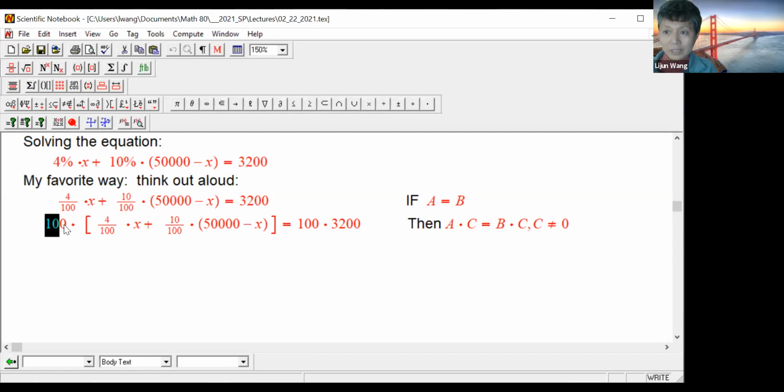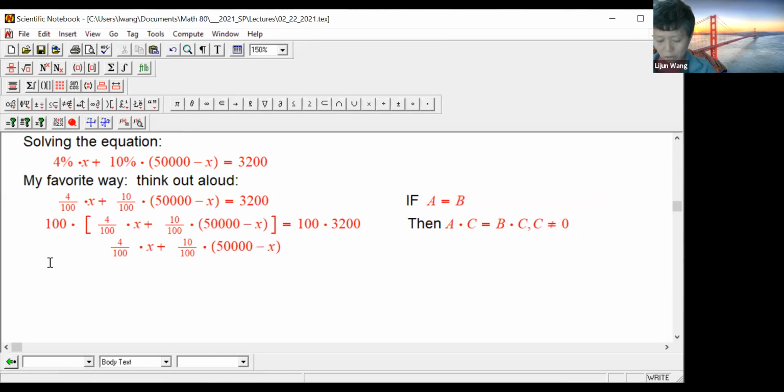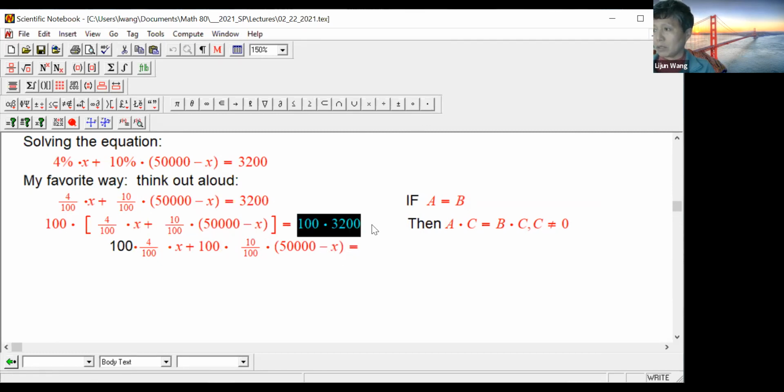Our C here is 100, so that's the principle that supports our steps. And of course, there's the mathematics we need to do. This 100 is distributed to everything inside the bracket, so this term gets multiplied by 100, this term also gets multiplied by 100, and the right-hand side is also multiplied by 100.